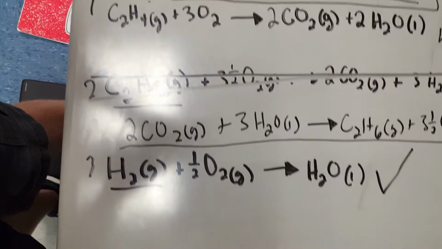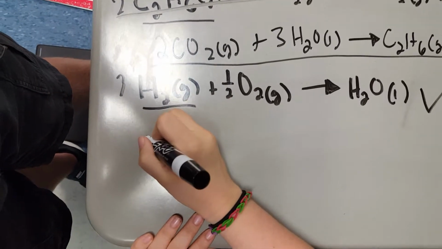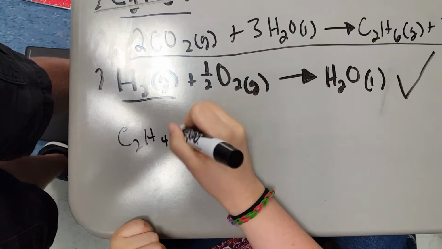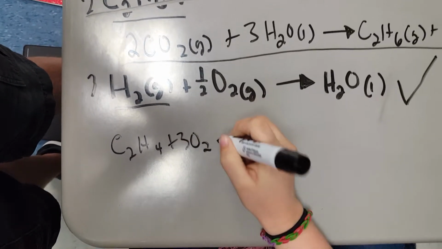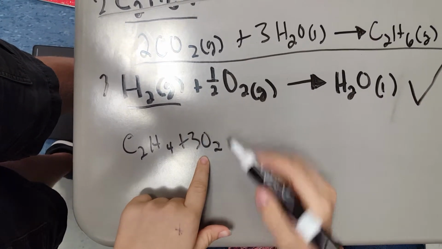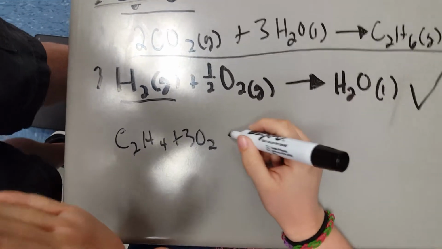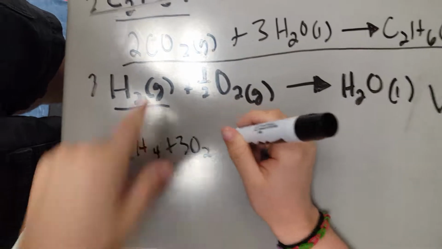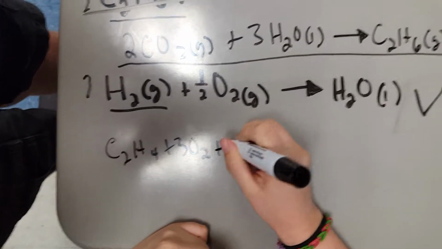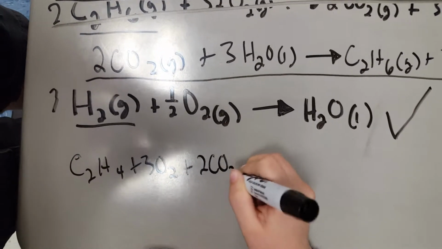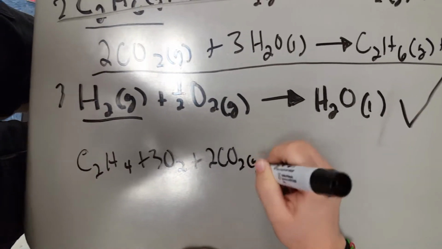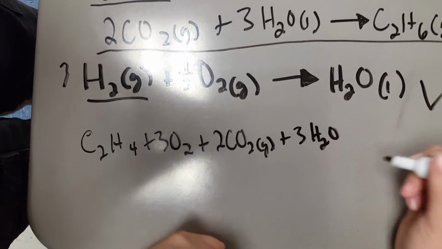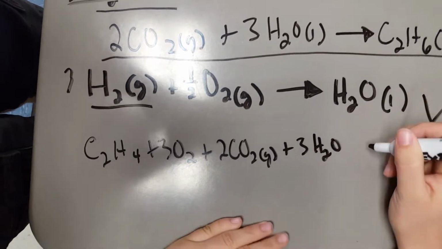So you have C2H4 plus 3O2, which is not a 30, this is an O2, FYI. Then we have our new products for equation 2: 2 molecules of carbon dioxide gas and 3 molecules of H2O. That is water.